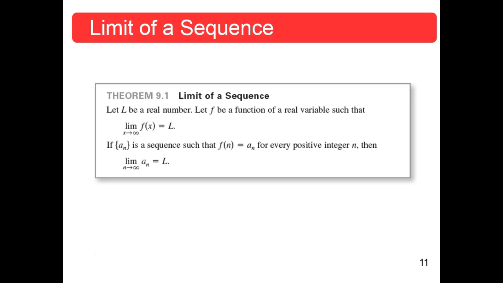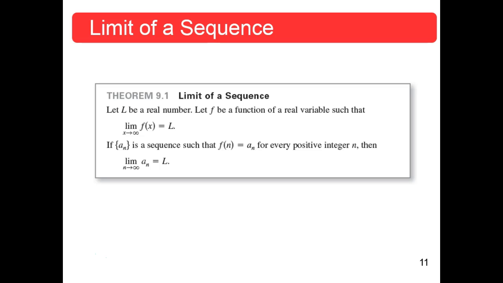So here's Theorem 9.1, the limit of a sequence. Let L be a real number, any real number, and let f be a function of a real variable such that the limit as x approaches infinity of f of x is equal to L. How did we get there? Well, remember, a sequence is a function. It's just that now your arguments are only positive integers.